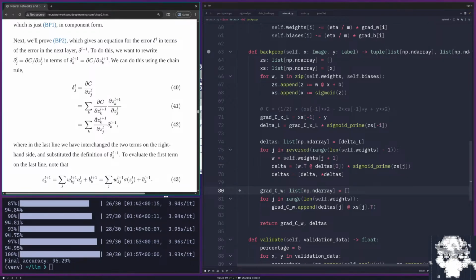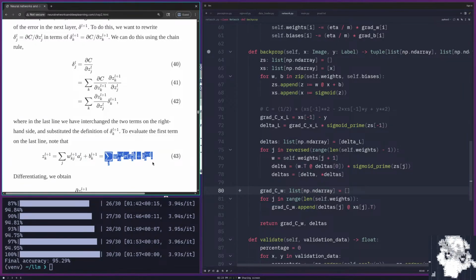So we could substitute the definition of z of the next layer. z of the next layer is going to be W of the next layer times activation of the last layer plus bias of the next layer. And then activation of the last layer is sigmoid of z of the last layer.